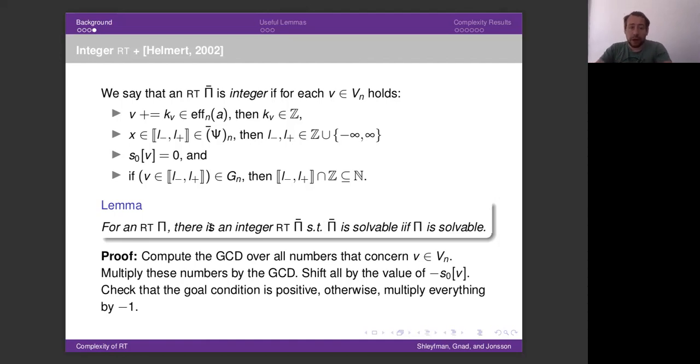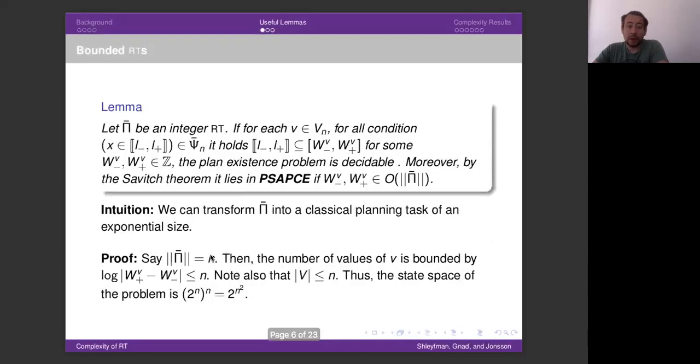So starting from now, our tasks have numerical conditions of the form: an integer numeric variable belongs to some integer interval with integer bounds. Still, those intervals can include minus and plus infinity. Okay, so the first lemma is as follows.